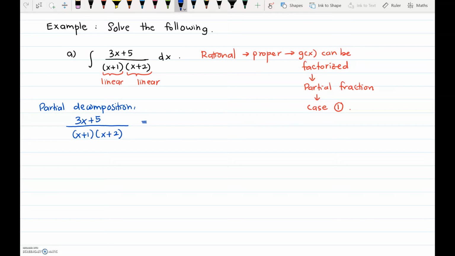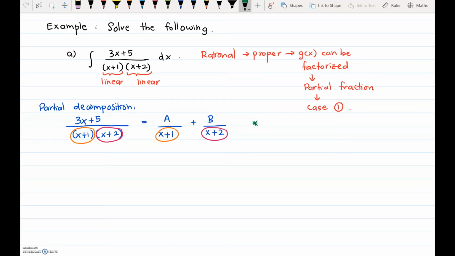The partial decomposition will be a over (x plus 1) plus b over (x plus 2). So the first term is a over (x plus 1), and the second factor gives b over (x plus 2). Next, we want to write a over (x plus 1) plus b over (x plus 2) as one single fraction.